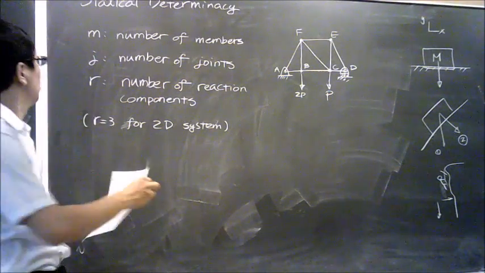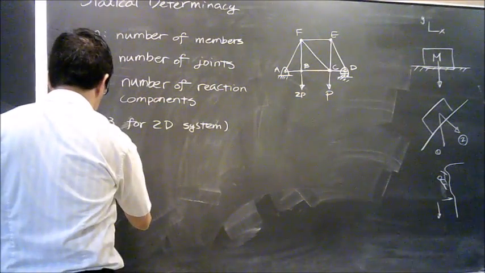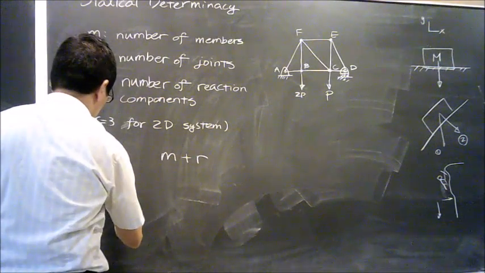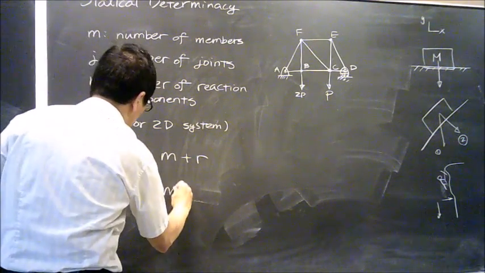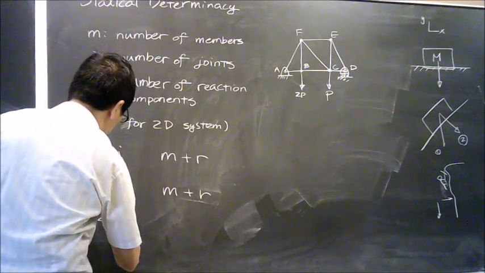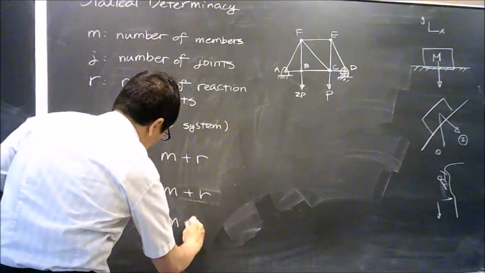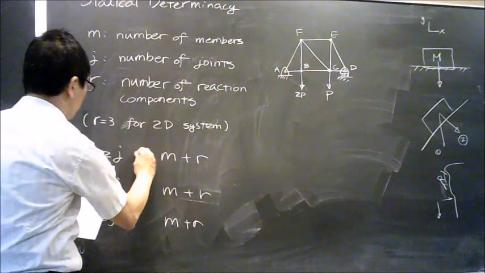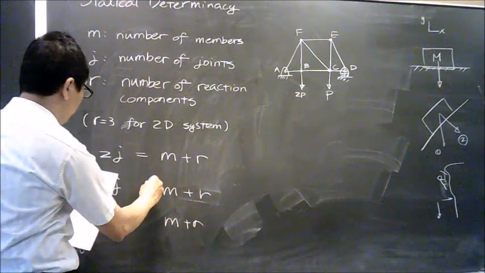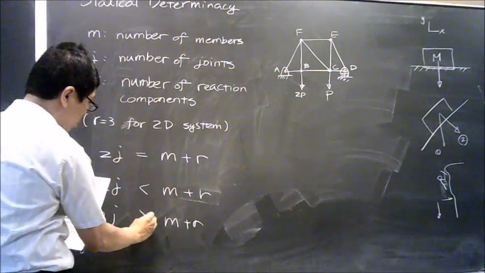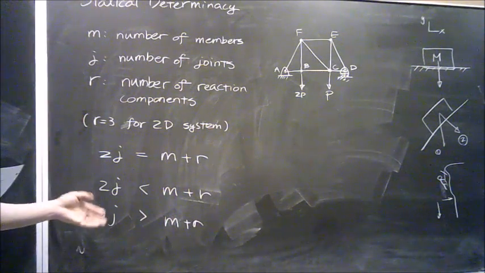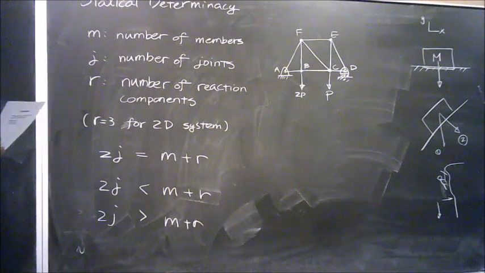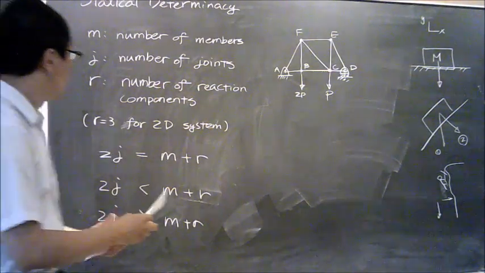Now, we have 3 cases. We can only have 3 cases. One is if they are equal. If this number is smaller than this one, or this number is greater than this one, we can only have those 3 types.